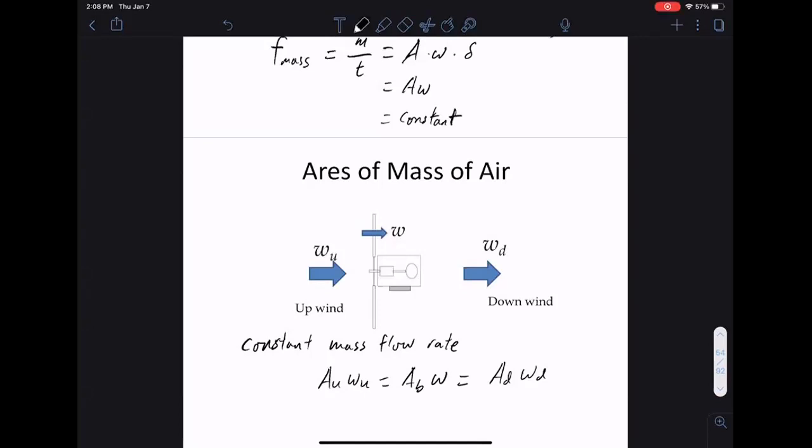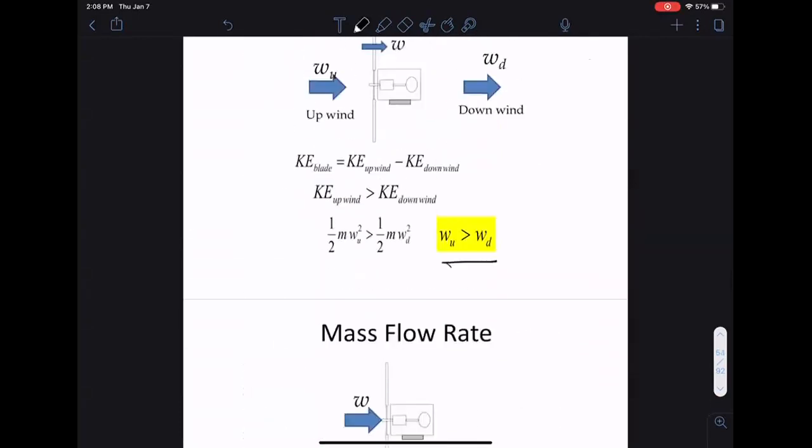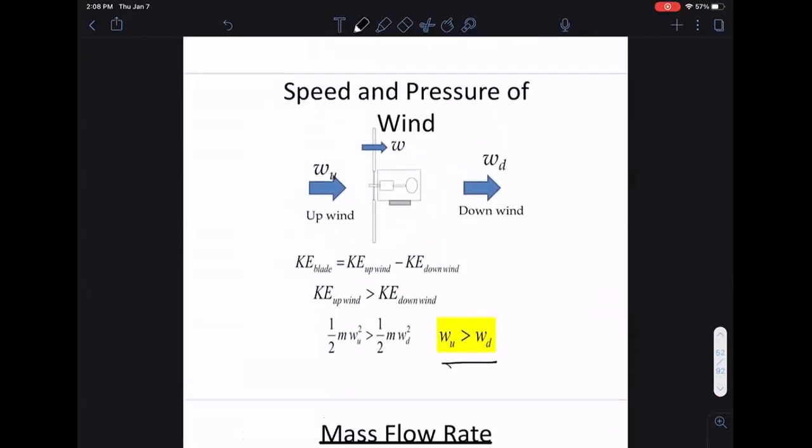And this constant flow rate turns out to be an important idea, because if you look at this kind of equation, right? If you look at this equation, you will think that the way to maximize the amount of wind you can extract is basically when the downwind speed is 0, right?